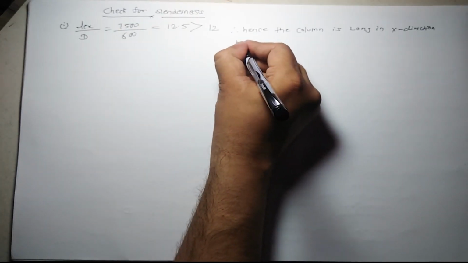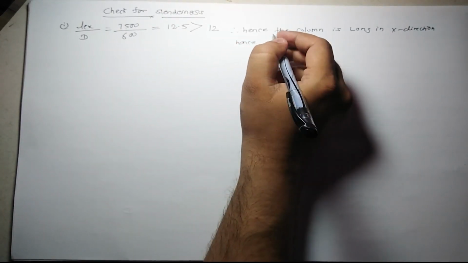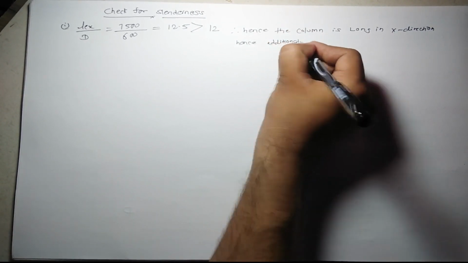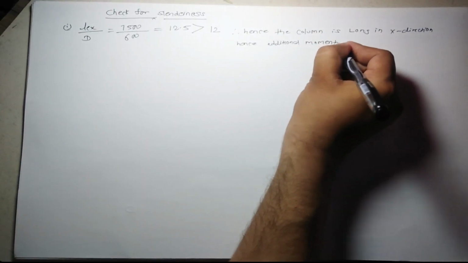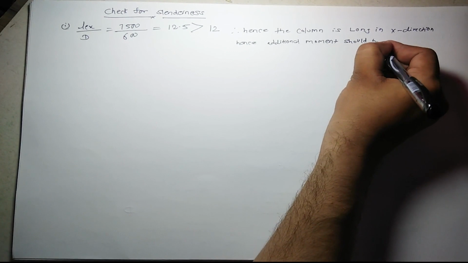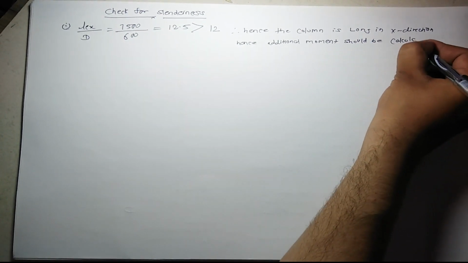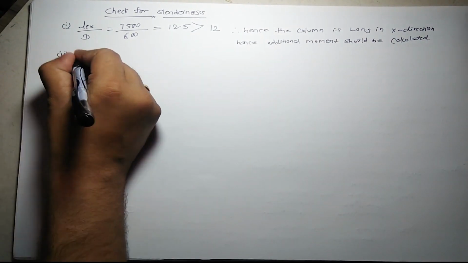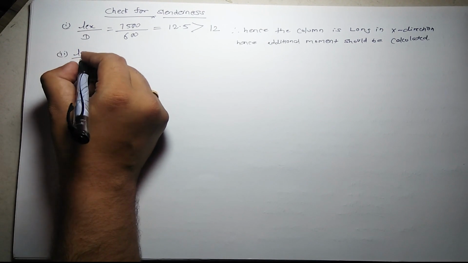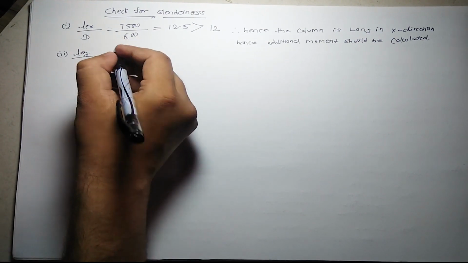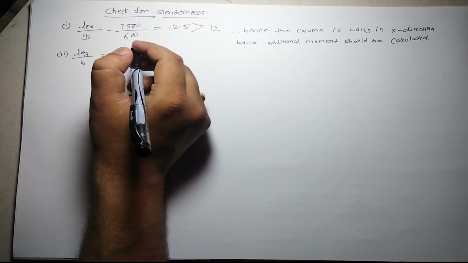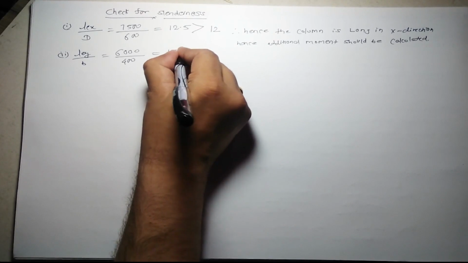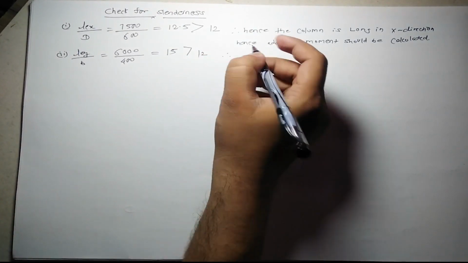Hence additional moment should be calculated. Now next step, again Ley upon small b. So 6000 upon 400, it is coming 15, so it is also greater than 12, so we need to write it down again.